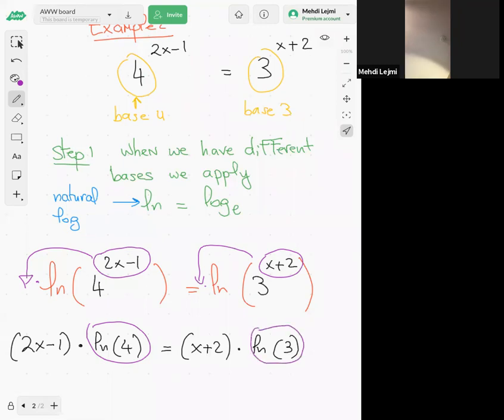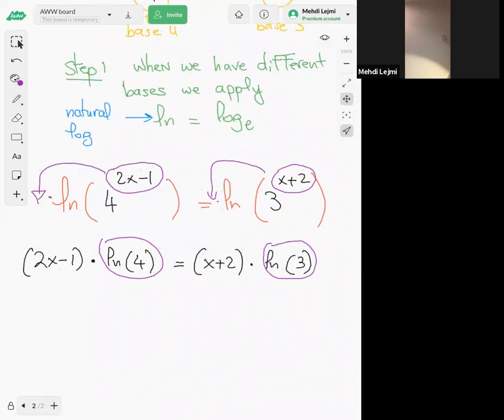It's just a number, but it's going to be a decimal. If you use a calculator, natural log of 4 would be something like 2.21134, whatever. It's going to be a very long decimal, so instead of using the decimal in your equation, we're just going to keep natural log of 4 and natural log of 3.